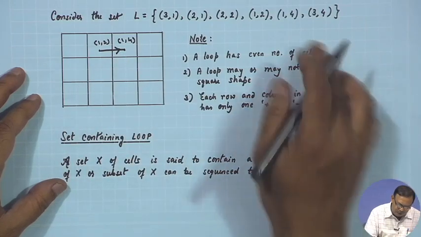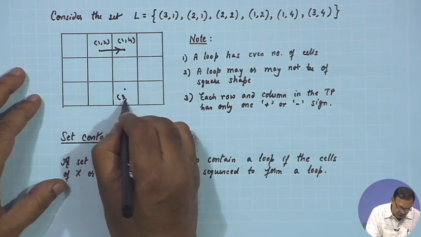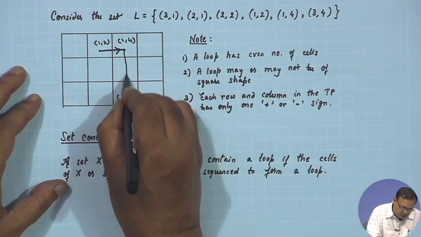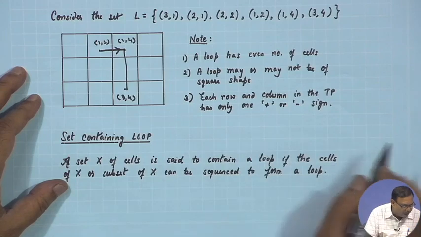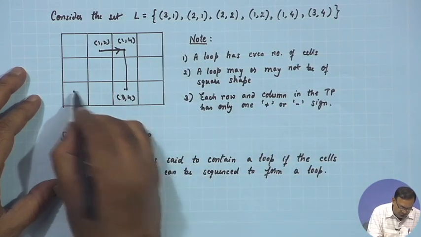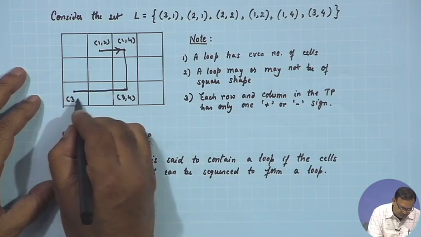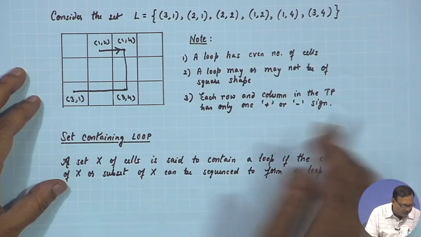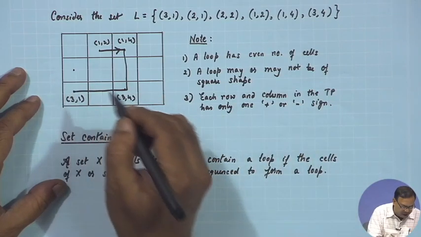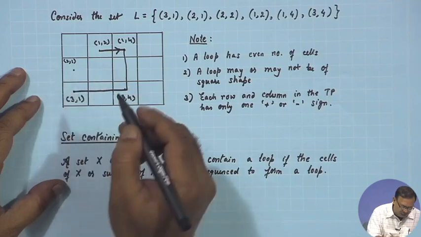From 1 4 you can come to this, which is 3 4. From 3 4 you have 3 1 also, so I can go to 3 1. Then you may have this, which may be 2 1.